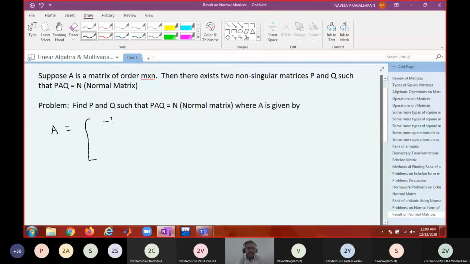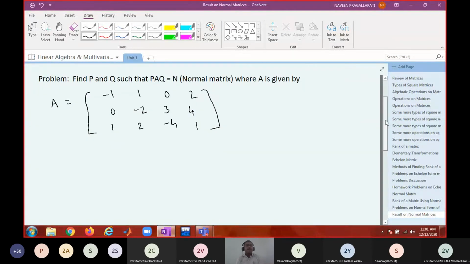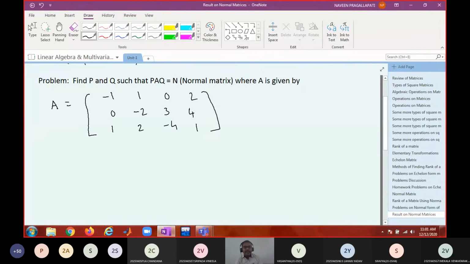So -1, 1, 0, 2, 0, -2, 3, 4, 1, 2, -4, something like 1. I randomly give some numbers. Now it is a matrix of order 3 by 4.